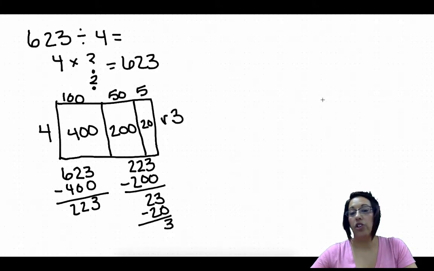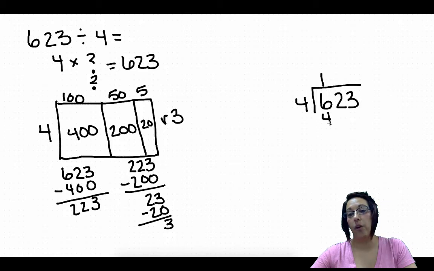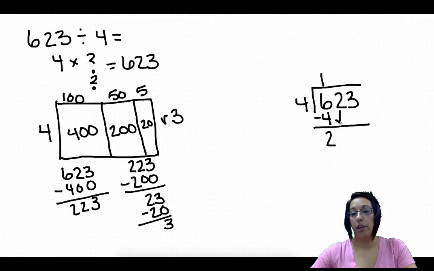So if I come over here and check with the standard algorithm, I have 623 divided by 4. 4 will go into 6 one time. 1 times 4 is 4. Subtract. 6 subtract 4 is 2. Bring down. 4 will go into 22 5 times. 5 times 4 is 20.